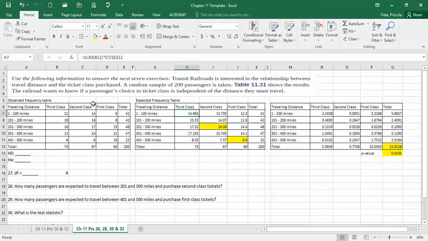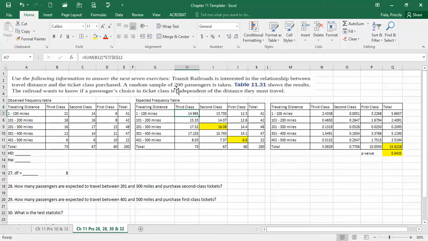You're only being provided this table right here, which is the observed value. It tells you the transit railroads is interested in the relationship between travel distance and the ticket class purchase. See, they want to know a relationship. They want to know the difference between what they observe and what they expect.